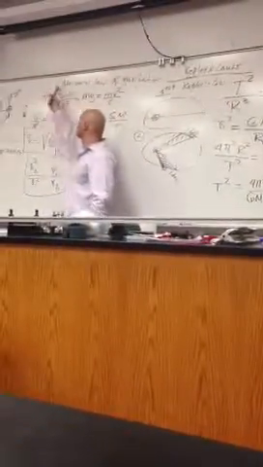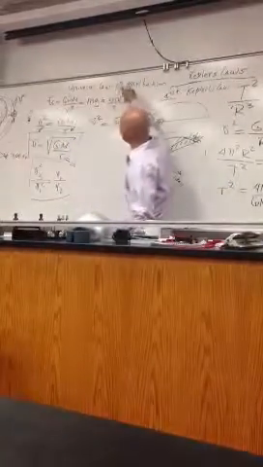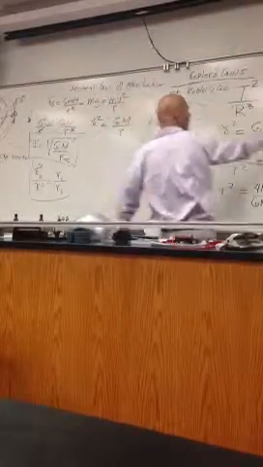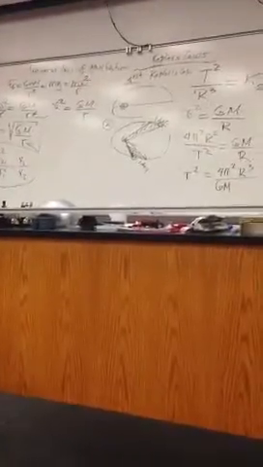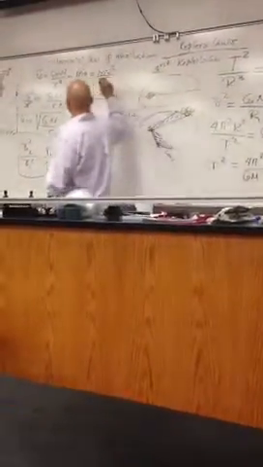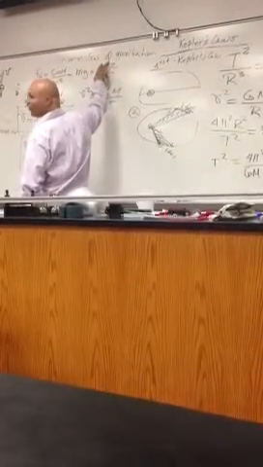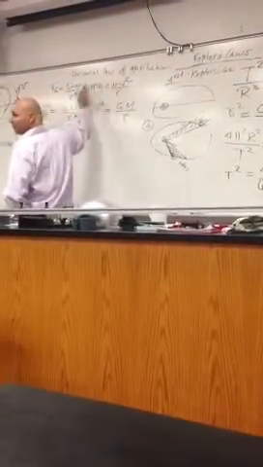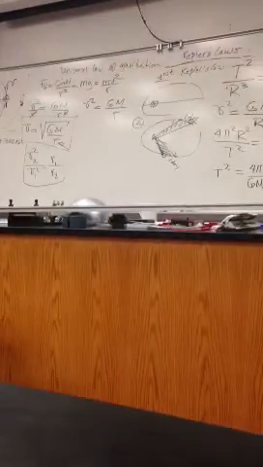Okay, I don't have the speed. 2 pi r over T. So yes, it's the radius. So the radius is given, so you can use the first part. We can also use the third part, finding v. What is v? 2 pi r over T, you find v. And then with this v, you just come here and use it in mv squared over r. So, either of the two ways.